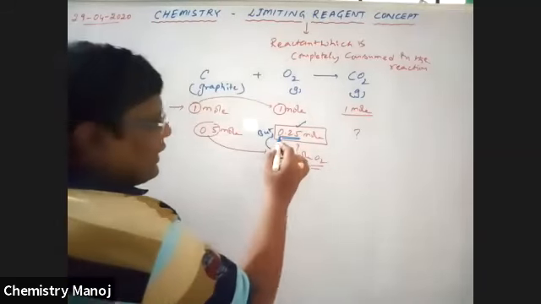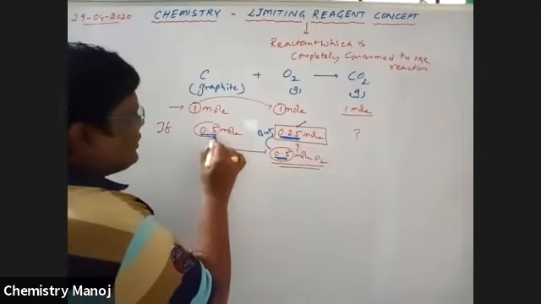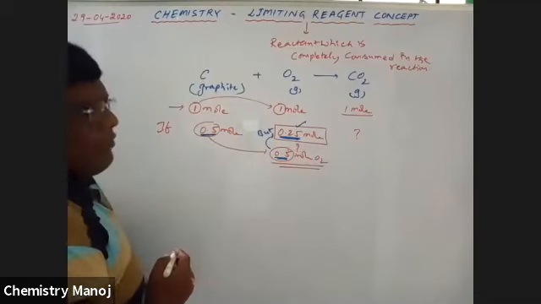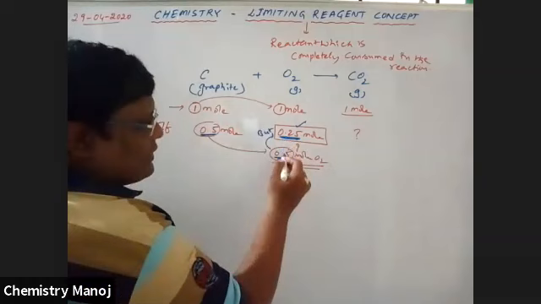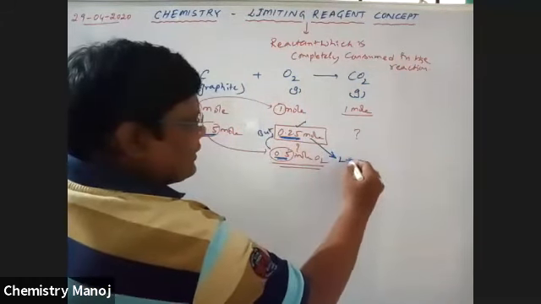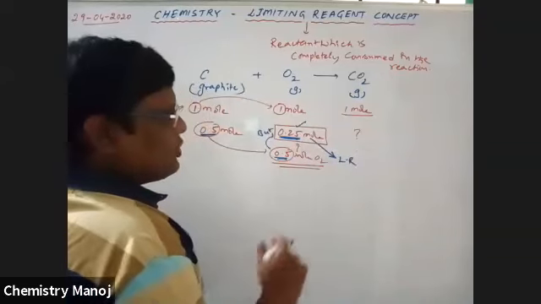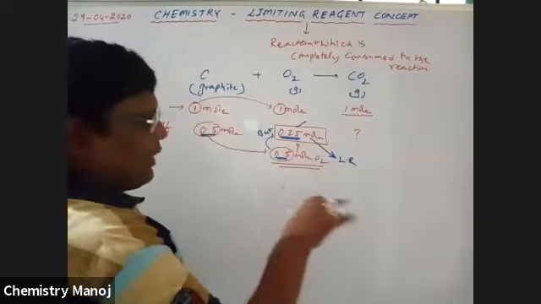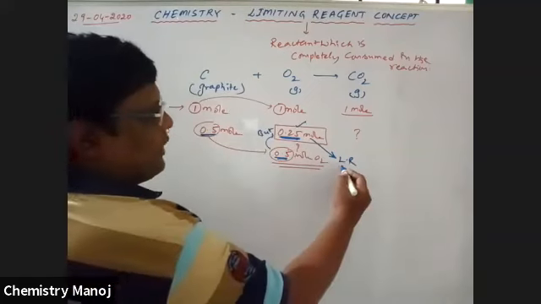That means it is insufficient for complete consumption of these 0.5 moles. The reactant which is present in less than the required amount, which is completely consumed, is called the limiting reagent.